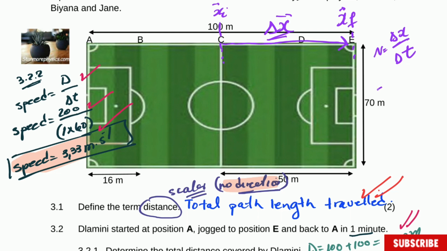So velocity will be equal to 50 because that is the displacement, divided by the time, which is 1,5 minutes. Remember, you cannot work in minutes, so it's 1,5 times 60 to convert to seconds, and then the velocity, which remember it is a vector quantity, will be 0,056 meters per second, and we need to give a direction because we're calculating velocity.